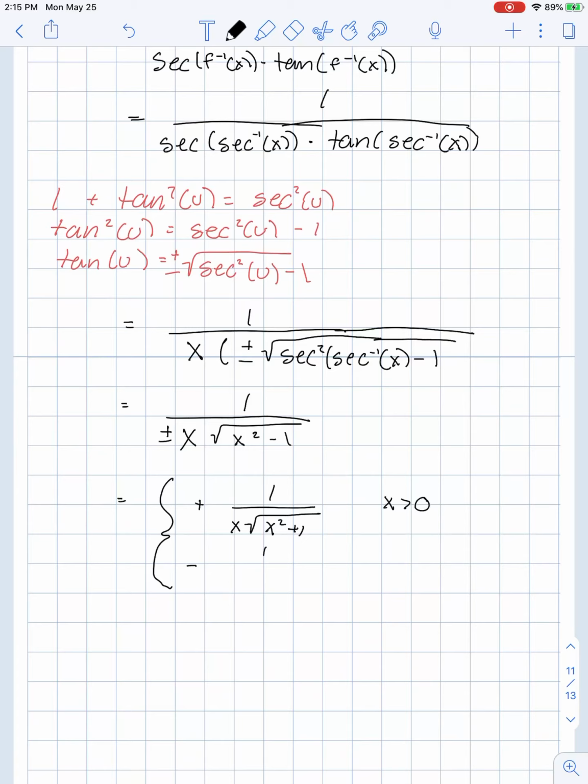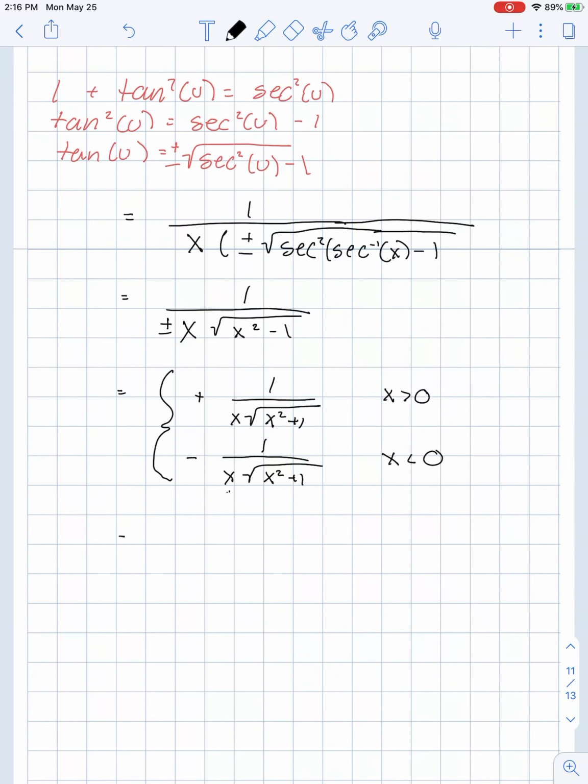If x is negative, that's going to make the outcome positive.